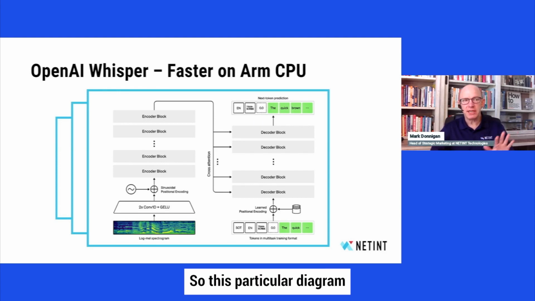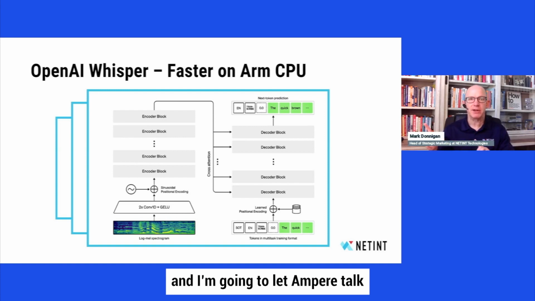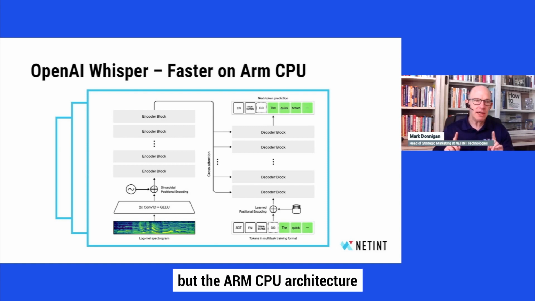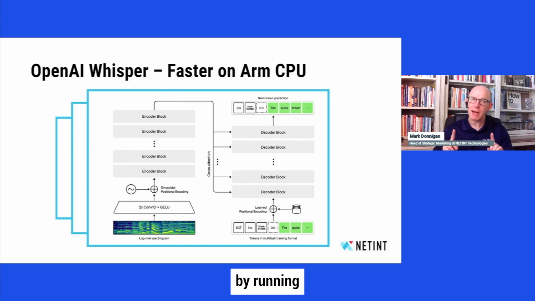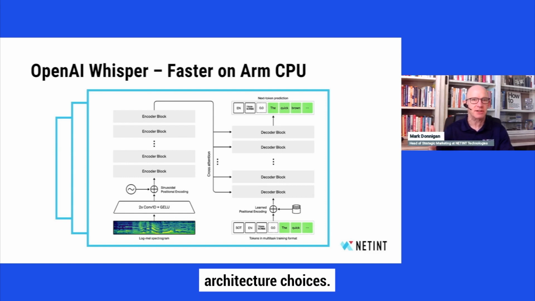So this particular diagram is pulled just directly off the OpenAI Whisper website. Just Google OpenAI Whisper, you're going to see this. So there's absolutely no magic here. There's a couple points in this slide. The first point is that we are running the model. It is highly optimized, and I'm going to let Ampere talk about what they're doing. It's highly optimized for ARM, but the ARM CPU architecture by running this on ARM is actually faster than some of the other architecture choices.